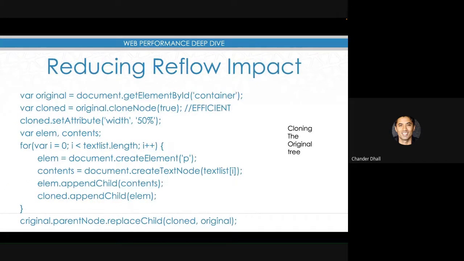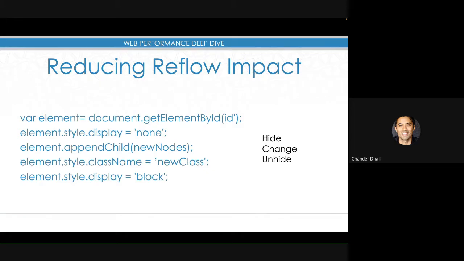Again, another example: you could do the same thing with cloning the node, and then, last line, take the cloned one and the original and make the cloned one the original, and you make it work in one line of code. All of that for loop is not going to affect anything because we're cloning it. We're not doing anything on the DOM. And the final one, you can always set style display none.